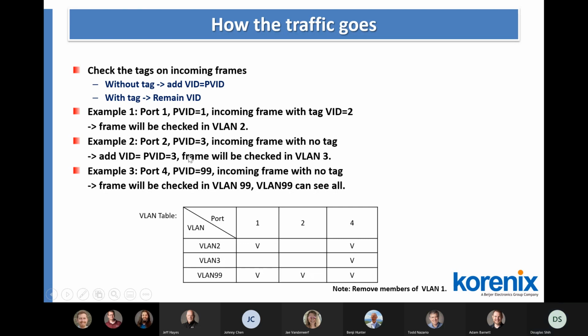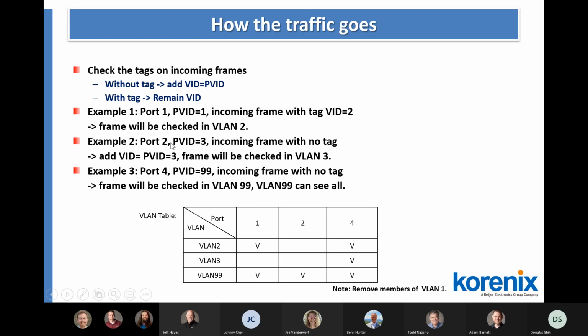The frame will be added with VLAN tag 3 and checked against VLAN 3. And example 3 is port 4. The PVID is 99, and the incoming frame has no tag. The frame will be checked in VLAN 99.